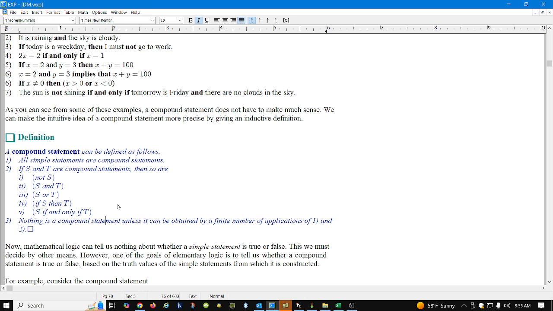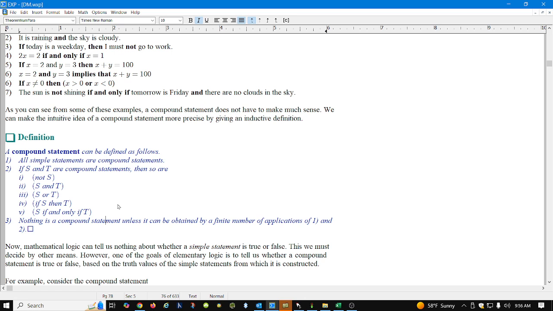Now here's the point of all this. Mathematical logic tells us nothing about the truth value of a simple statement. That's a matter outside of mathematics. "Today is Monday." That's not a mathematical question, or a statement rather. And it's true.